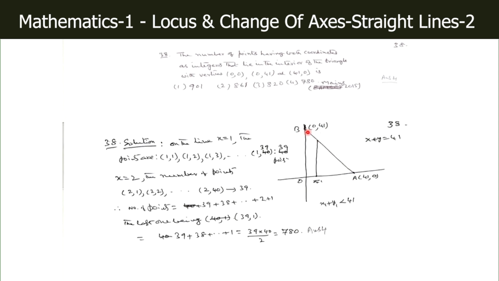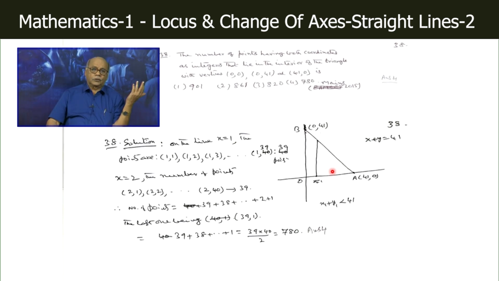See the diagram. Now, generally, the points with integral coordinates lie on the lines x is equal to 1, y is equal to 1, x is equal to 2, x is equal to 3, x is equal to 4, etc. Similarly, with negative coordinates, x is equal to minus 1, x is equal to minus 2, etc. Because we want points that lie inside, we don't count the integral points on the x-axis and y-axis, because they do not lie inside the triangle.